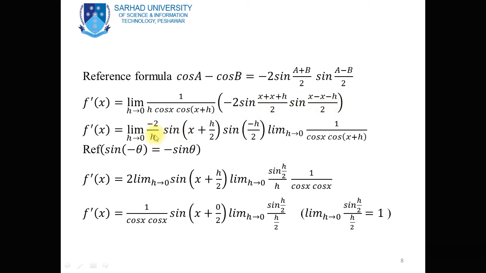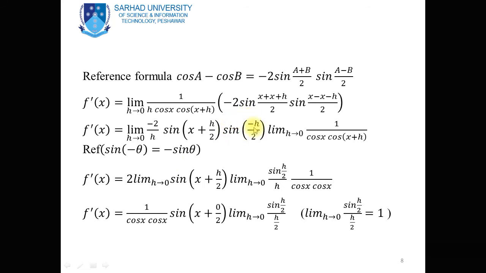Now the limit as h tends to 0 of minus 2 divided by h, and sine of x plus h by 2, into sine of minus h by 2. Minus h by 2 is the angle. So now the limit as h tends to 0 of 1 over cos x into cos of x plus h as it is. Now dear students, we know that sine of minus theta is equal to minus sine theta.